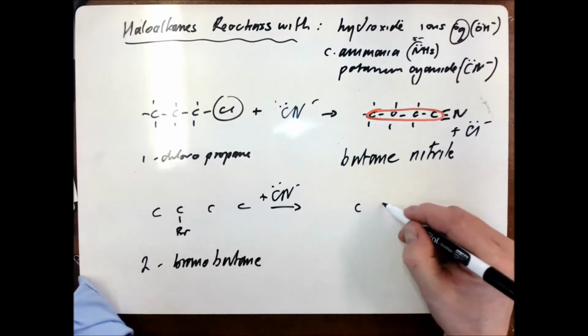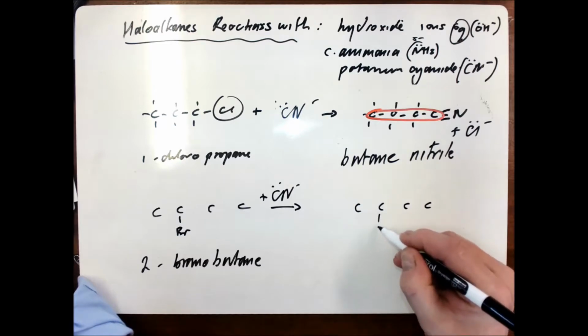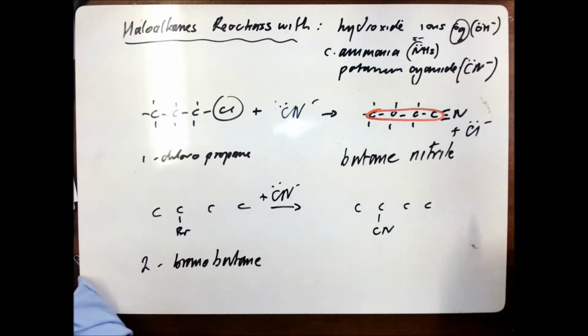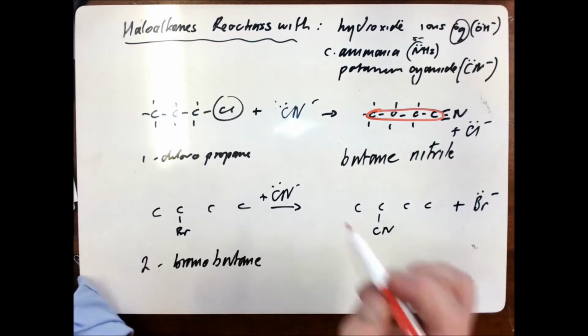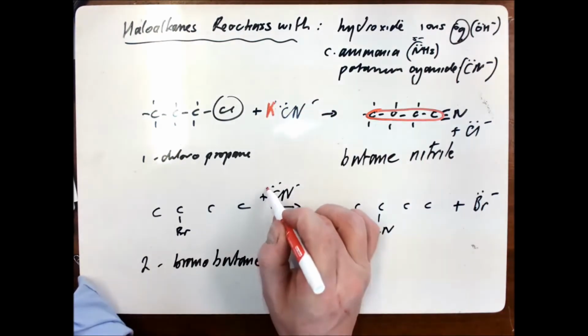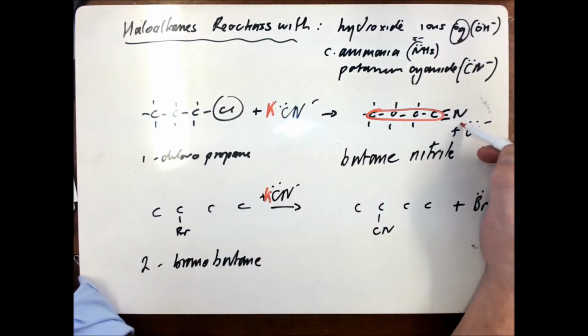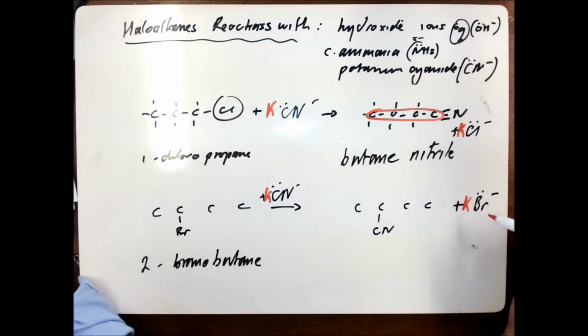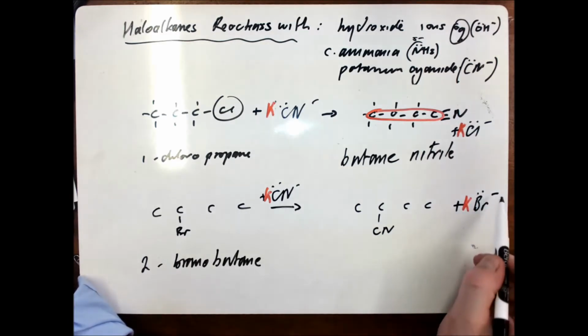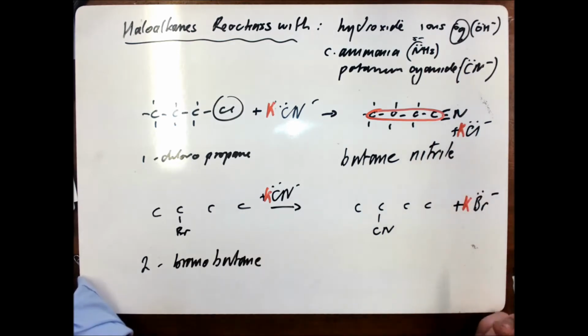So we just take off the bromine, put our CN on, and then we have our Br minus here. If you did decide to use the full equation and write potassium cyanide, by the way guys, the K there would just be your byproduct of KCl and KBr, without the charges on it. Obviously those negative charges would disappear in this instance.